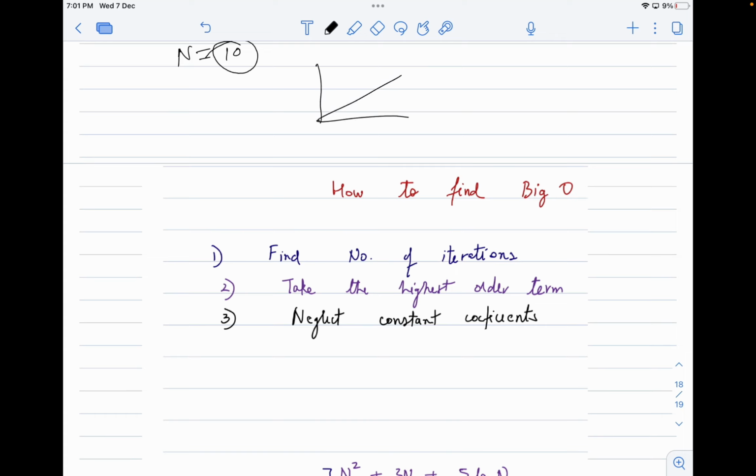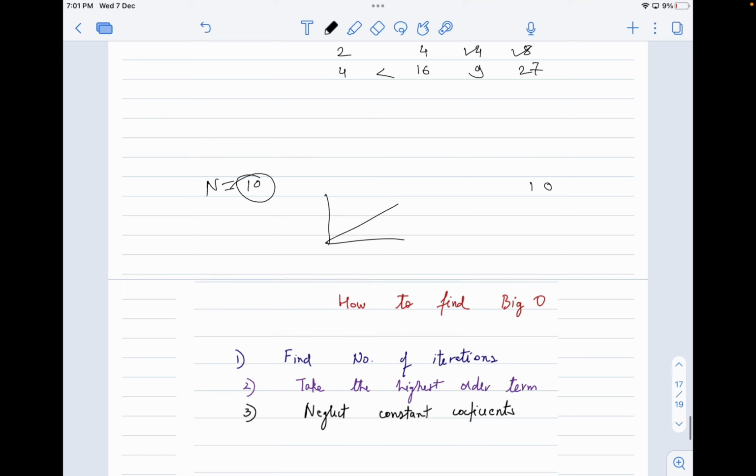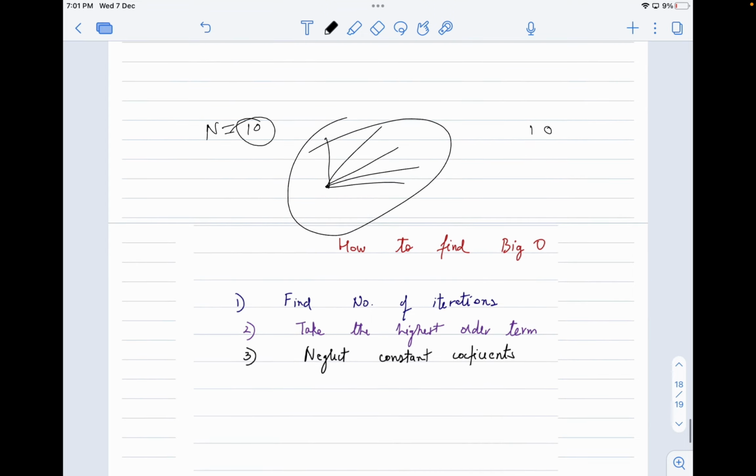Because it is very small. But if you have multiple loops, that is not possible, right? Drawing a correct or accurate graph is not possible. So instead of that they came up with big O.